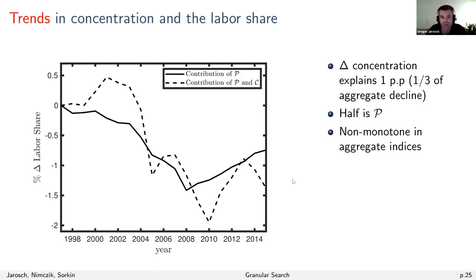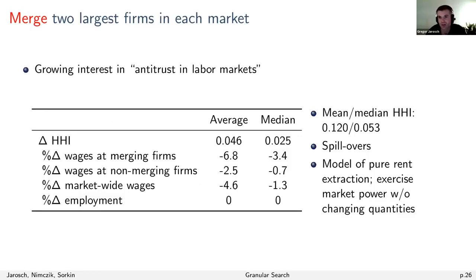What we get from this exercise is that you can explain roughly a percentage point of the decline in the Austrian labor share, which amounts to a third of the overall decline, with this mechanism. If you buy into this exercise, where we're just rolling things back in time and asking how different things would look nowadays if we still had the type of market structure we had at the base period. Okay, so then here's the final exercise.